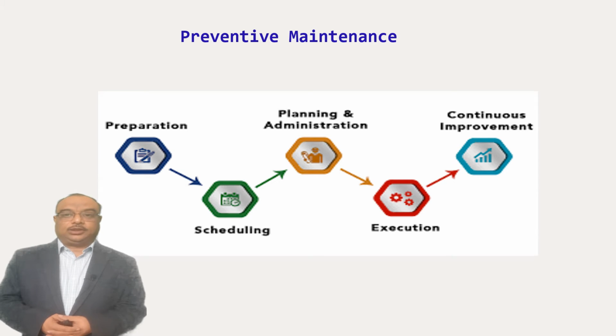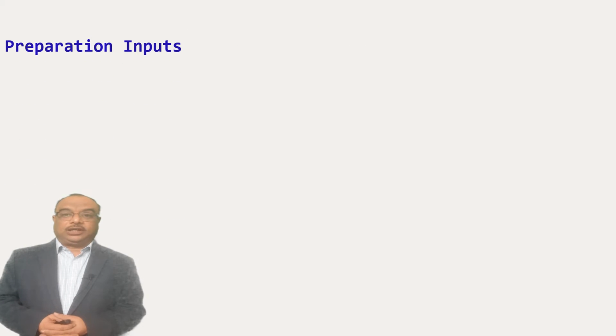And during or after execution, the industry may find opportunities for improvement related to the maintenance. Here we will discuss preparation, which is a very important segment, and normally in industry this preparation part is completely missing.